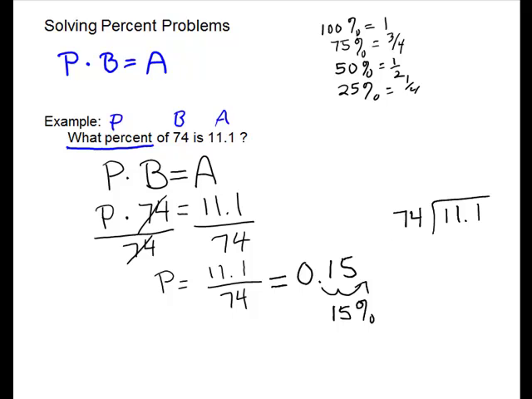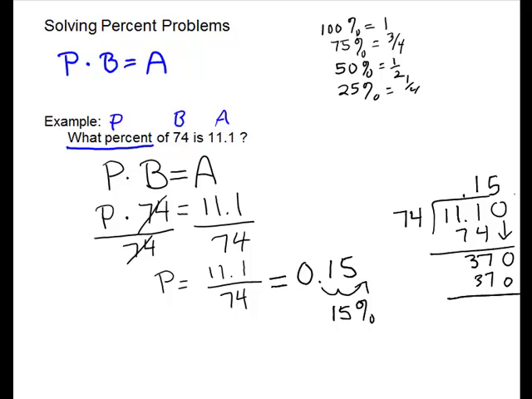No decimal in the divisor, your decimal goes straight up. 74 into 111 will go 1 time, multiply back, subtract, add a 0 and bring down, and this will go 5 times. So it gives the 0.15.